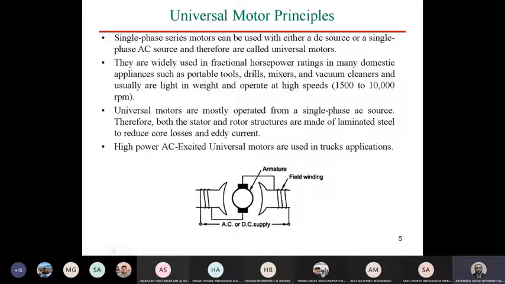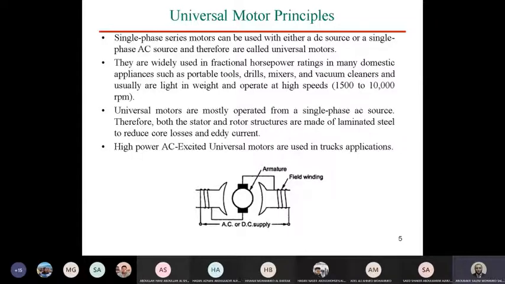Now, let's define some properties for this type of motor, guys. Single phase series motors. We can consider it, by the way, as a type of induction motor. However, instead of the squirrel cage type, here we have two windings.